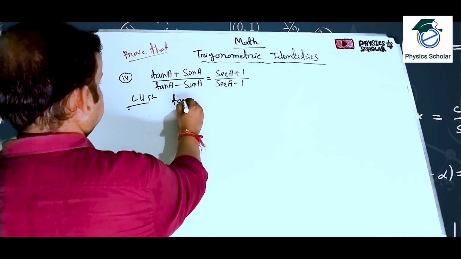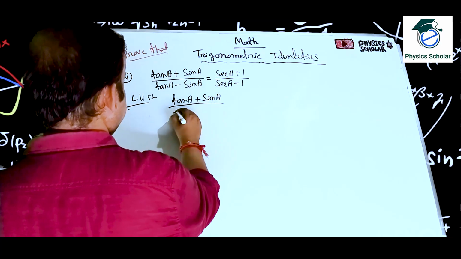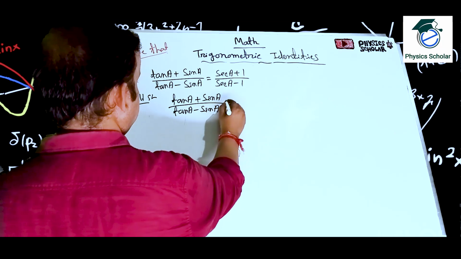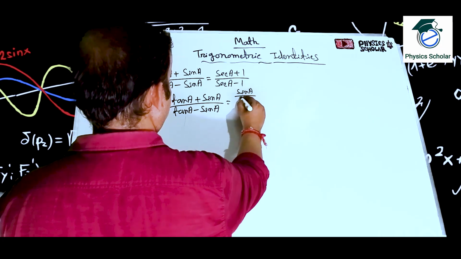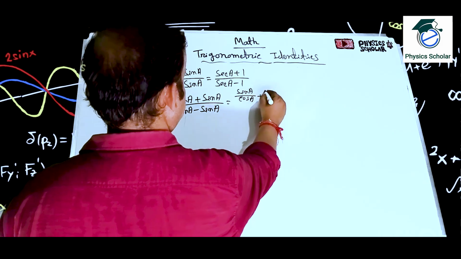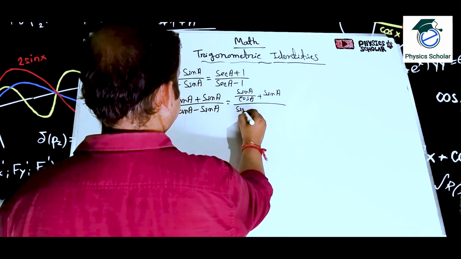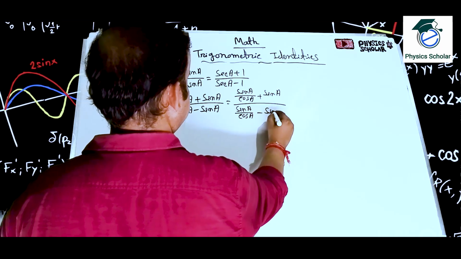Tan A plus sin A divided by tan A minus sin A. What is tan A? Sin A by cos A plus sin A divided by sin A by cos A minus sin A.